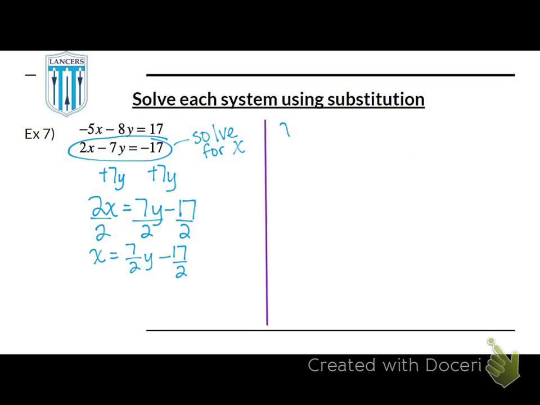All right, so we're going to use x equals 7 over 2y minus 17 over 2. We also need to use that top equation, negative 5x minus 8y equals 17. This one's just going to come out to be kind of ugly. We're taking this expression, and where should we plug it in?